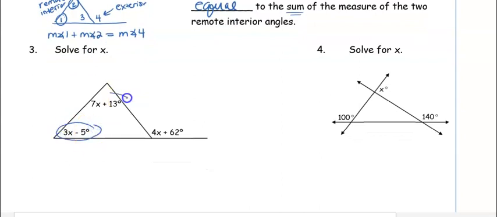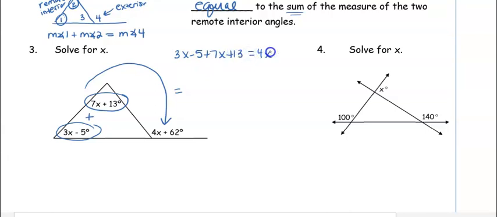Here are the remote interior angles. I'm going to add them and set them equal to my exterior angle. So we have 3x minus 5 plus 7x plus 13 is equal to 4x plus 62.